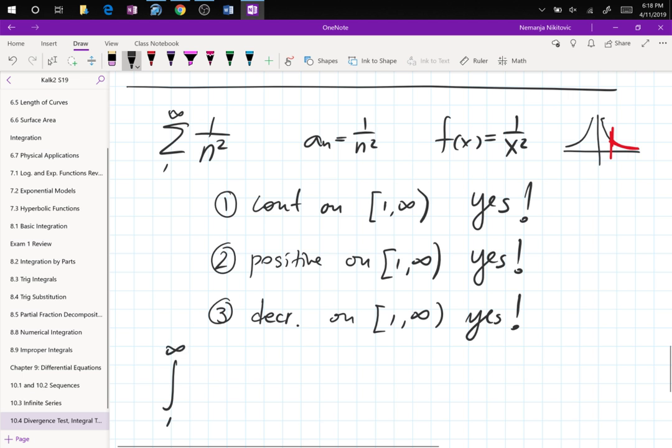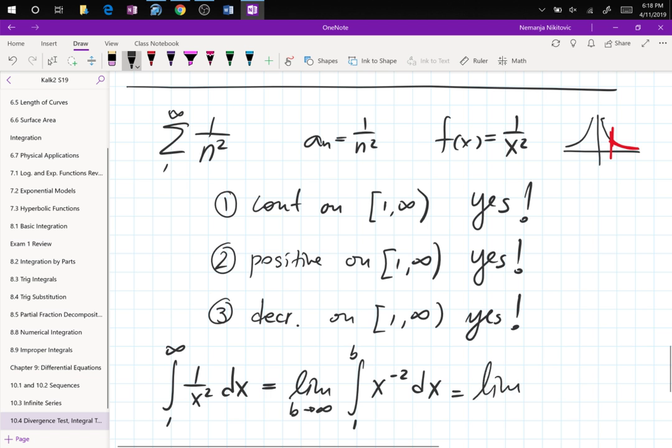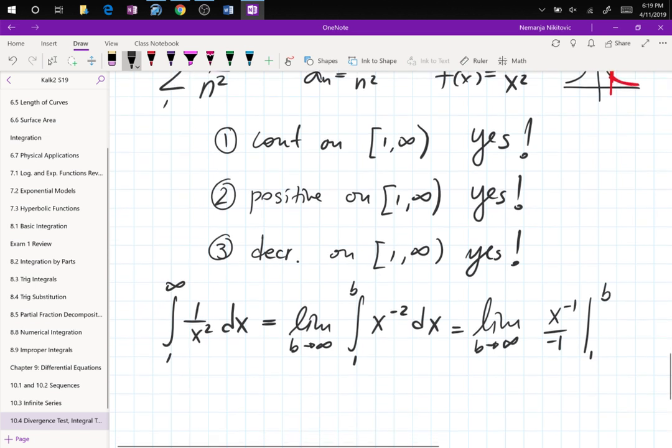Let's do the integral. Now I get the integral of 1 over x squared dx. It's the limit as b goes to infinity of the integral of x to the negative 2 dx from 1 to b. That's the limit as b goes to infinity of x to the negative 1 over negative 1, calculated from 1 to b.